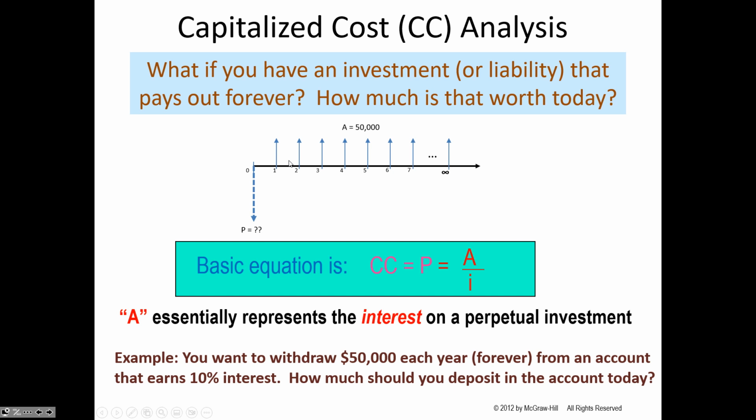And then what happens at the end of each year? You have $50,000 of interest that's accumulated. It's immediately paid out. You're back to $500,000, and then each year after that, the amount of interest that's accumulated is $50,000. It's withdrawn. And so you don't have any compounding of the interest. The interest is being paid out.